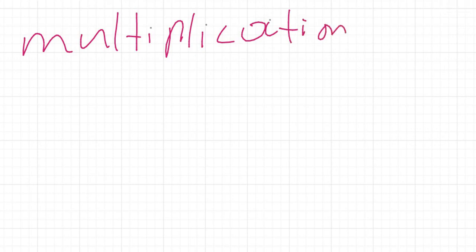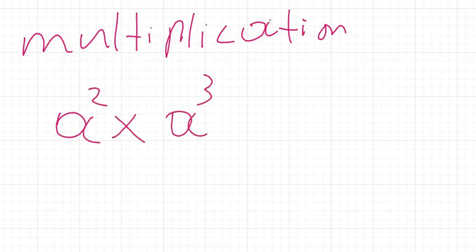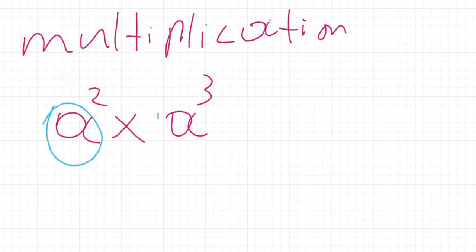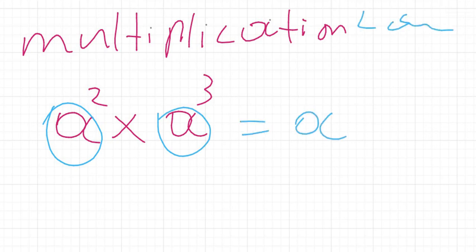It says if you have some terms, say a squared multiplied by a raised to the 3rd power, and the bases are the same, then we take back one of the bases and we just add the exponents. So this will give us a raised to the power of 5. That's simply what it is saying.